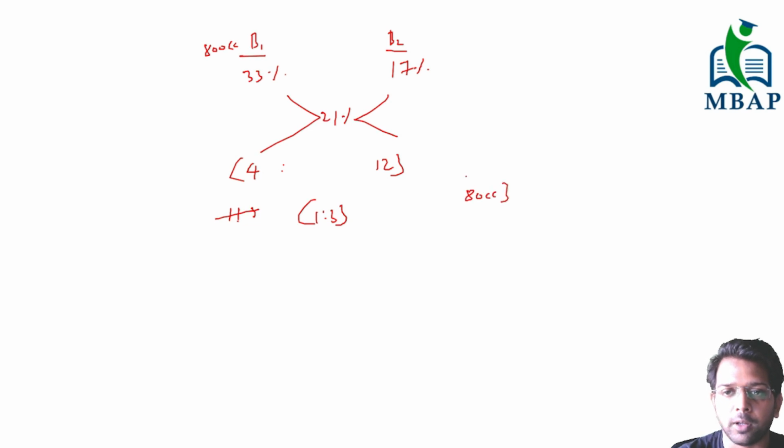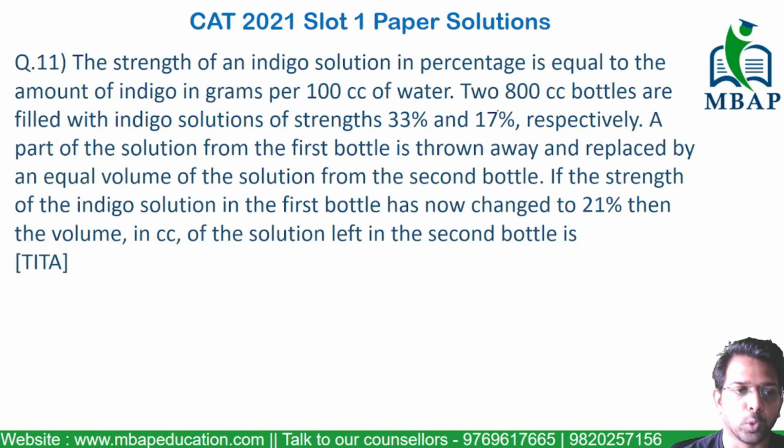For this new mixture, 1 part would be 200 cc, and then 3 parts will come from bottle 2, which account for 600 cc. Now if 600 cc is coming from bottle 2, the leftover volume should be 200.